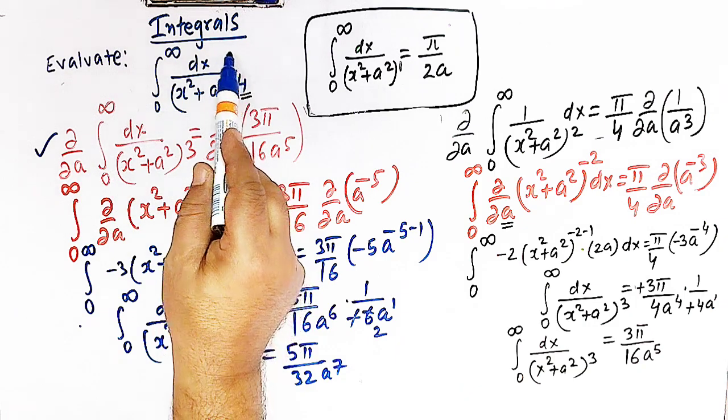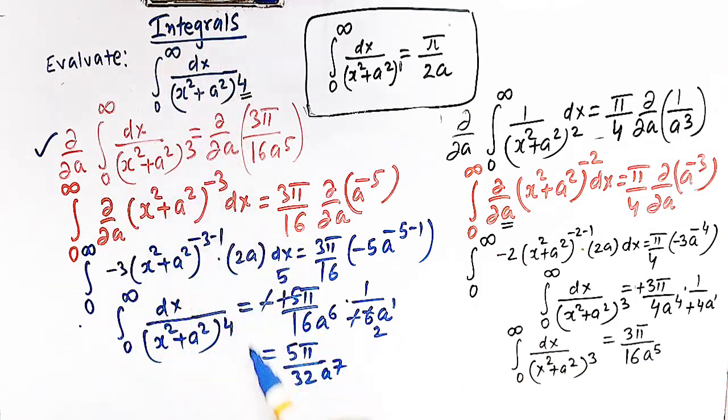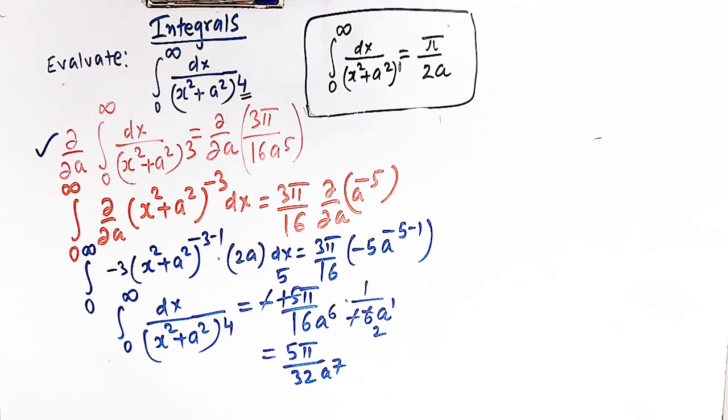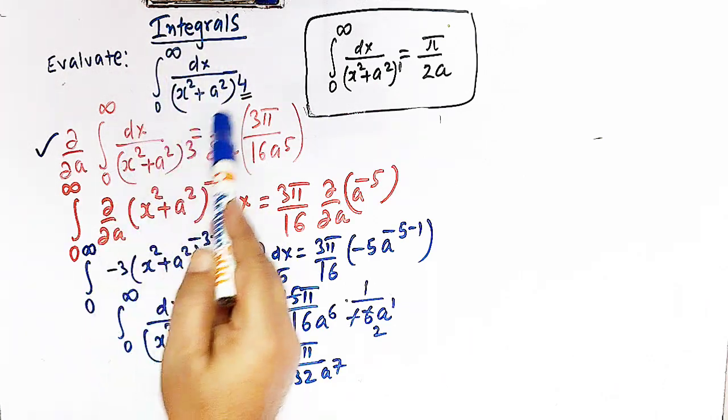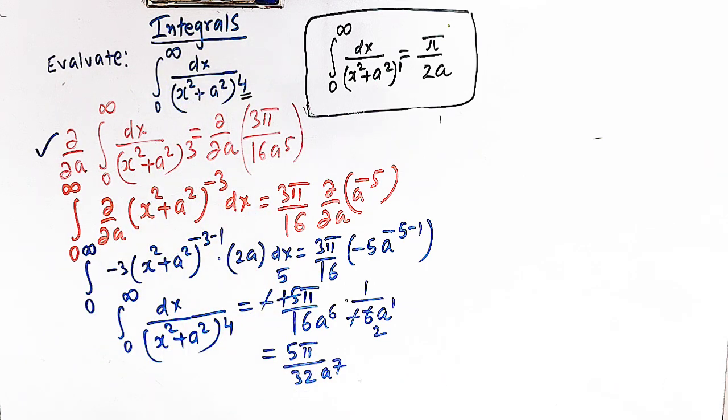So viewers, the value of this integral is now equal to 5 pi over 32 times a raised to 7. So viewers, this is how, by the concept of differentiating an integral under the integral sign, we can arrive at these results, right? And the value of this integral is given by this expression.